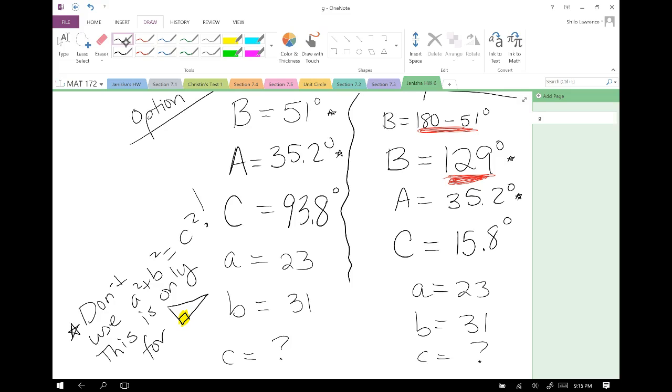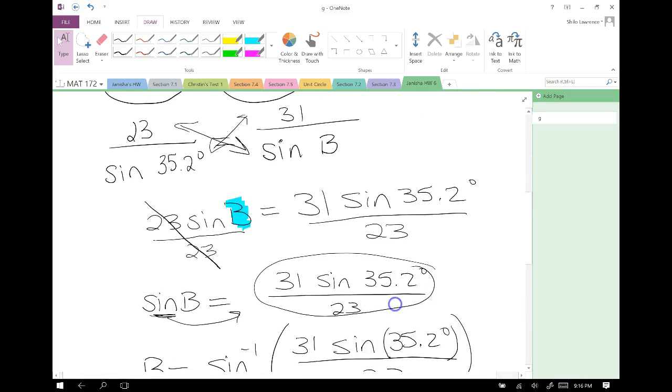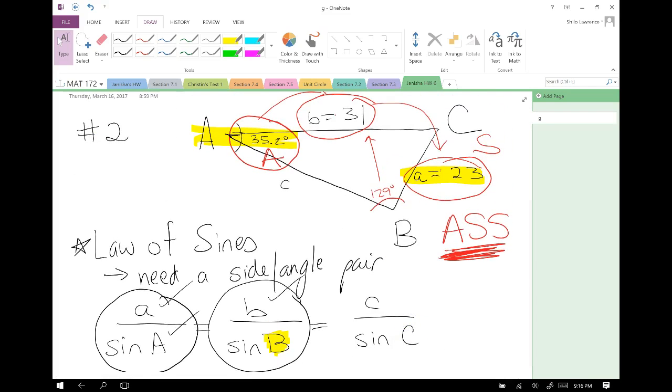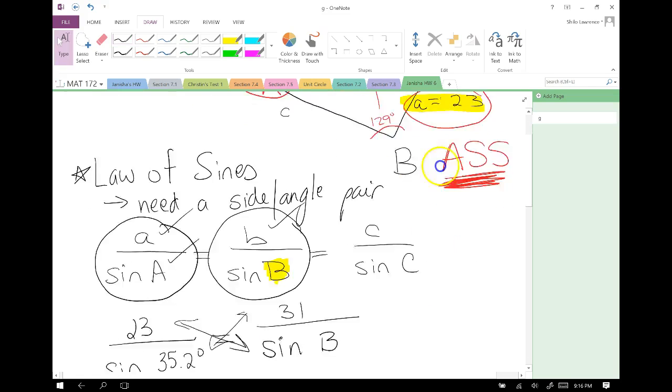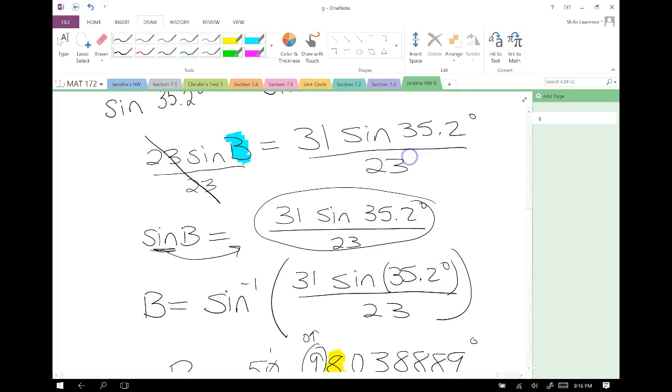This time, since we're trying to solve for c, we're going to do law of sines with the c fraction. And I'm not going to use the b's because B was an estimated value from the calculator. What I want to do is go back and use the a's again because the a's were given and the a's are exact values. So this time I'm going to set up a fraction between the a's and the c's.